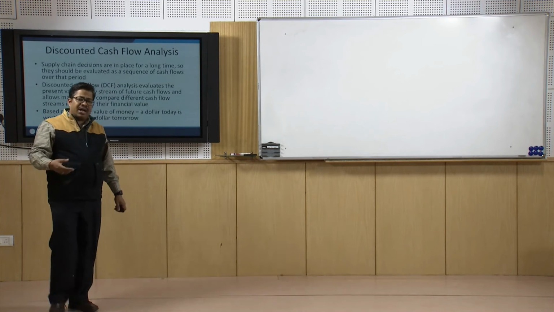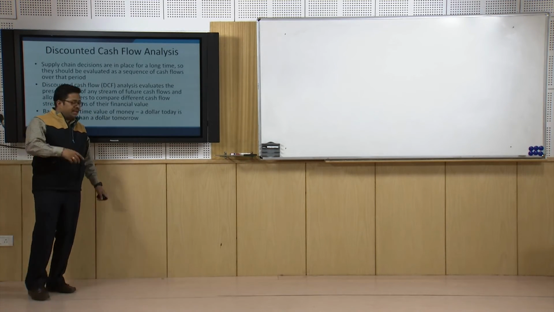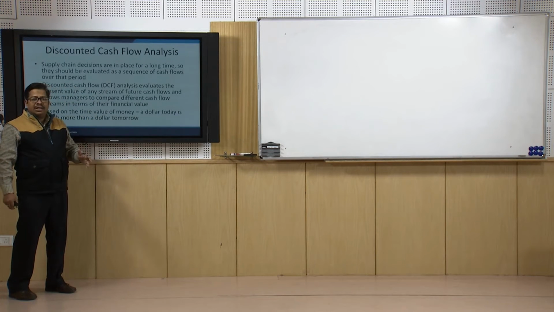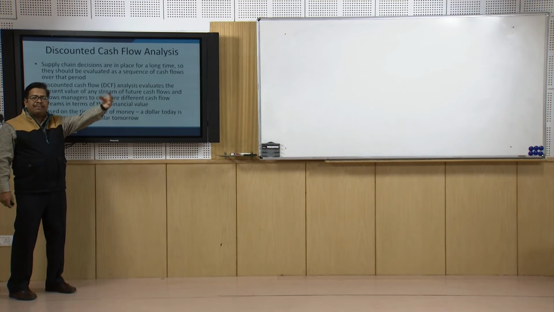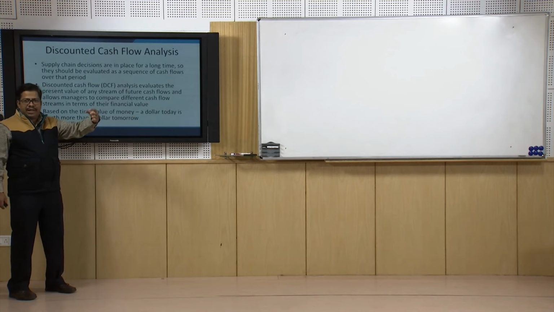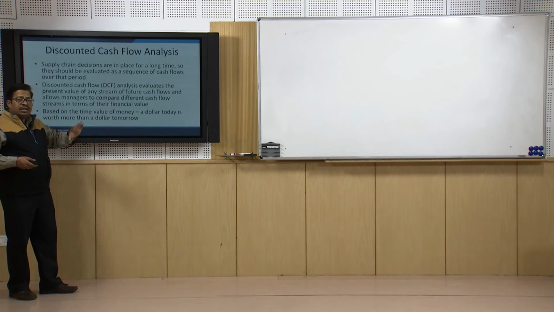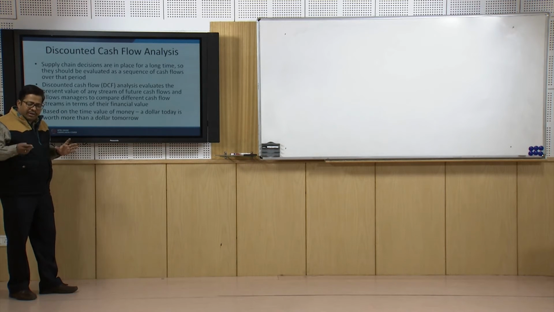So based on that, in this discounted cash flow analysis, we will calculate the present value of various future cash flows over a period of time which we are going to get, and then we will see what is the total present cash flow value of various alternatives.